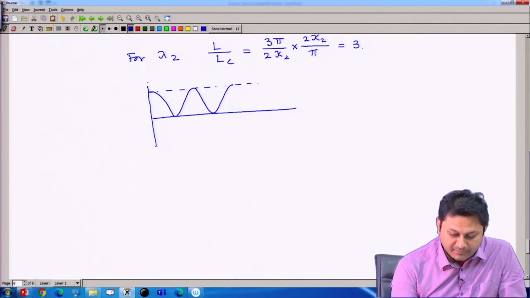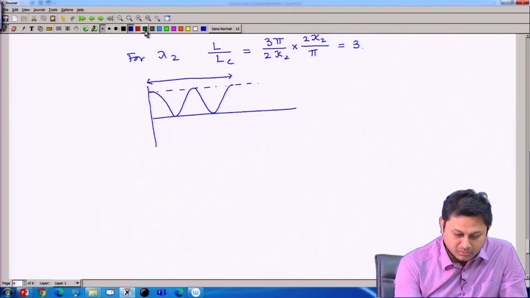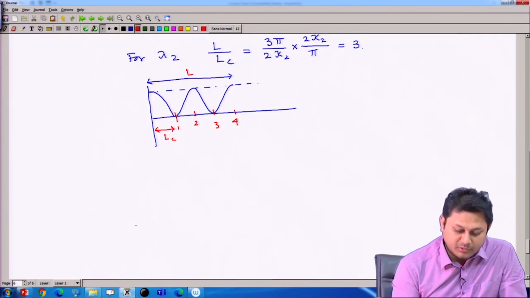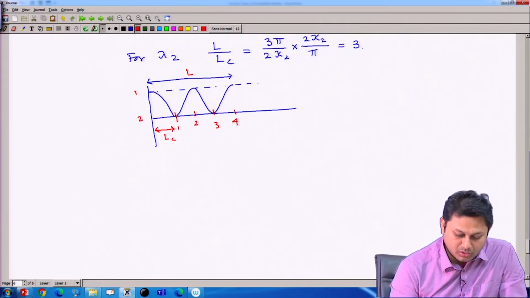So, I have this total length of the coupler, which is L. So, this is 1, and this length is my LC. This is another length 2, this is another length 3, and this is another length 4. So, you can see this is channel 1 and this is channel 2.